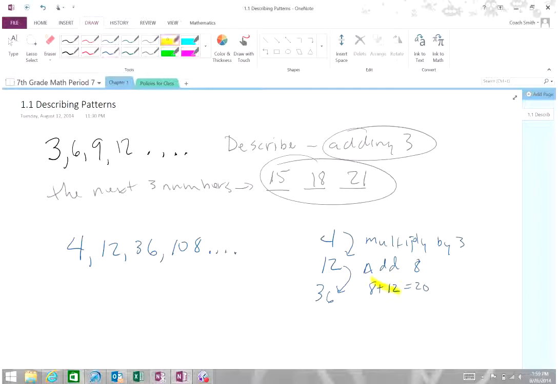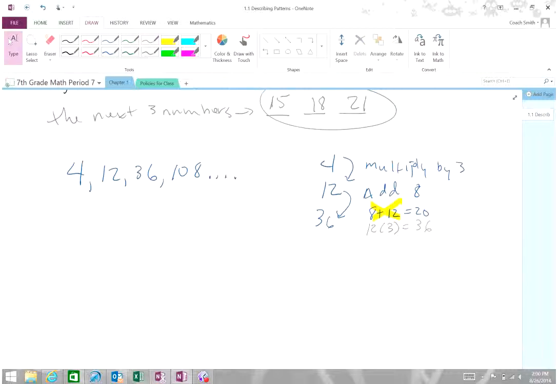That is not correct, because I don't have 20 as my next number. If, however, I took 12 times 3, what would that equal? 36. So that is my pattern. So what Lily said was correct. The pattern is to multiply by 3.